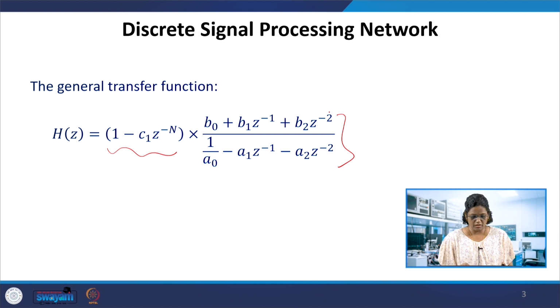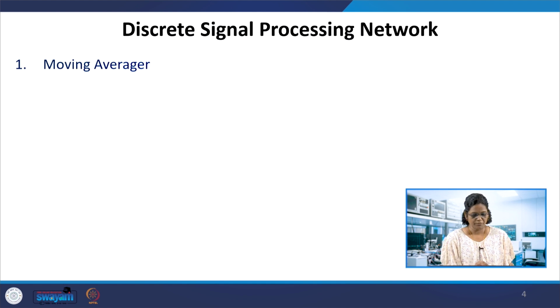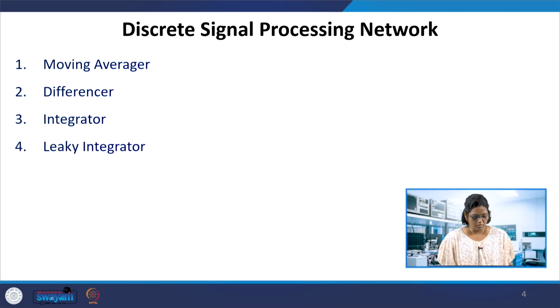So this general transfer function can result in many DSP networks, which are as follows. The moving averager is one, computing the average of the signal, and the differencer is another network, and then an integrator can also be formed from this. The leaky integrator is very well applicable to many integrating applications in real time, so we can form it from this discrete network.